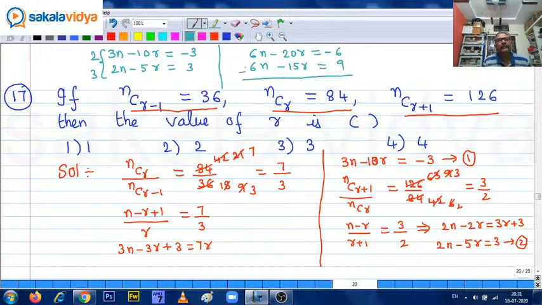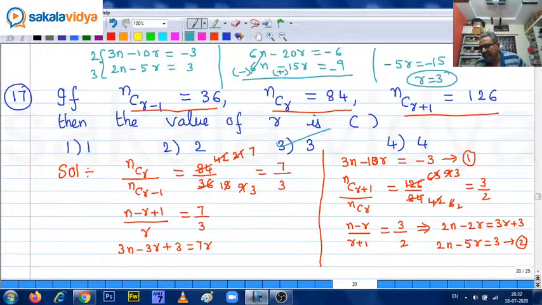Subtract. This cancels, and we have minus 5r equals minus 15. Obviously r equals 3. So third option is the right option.